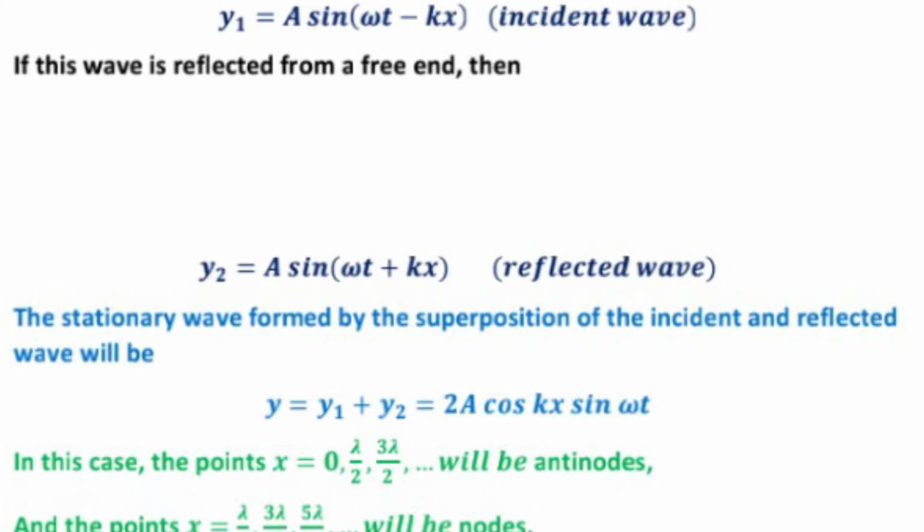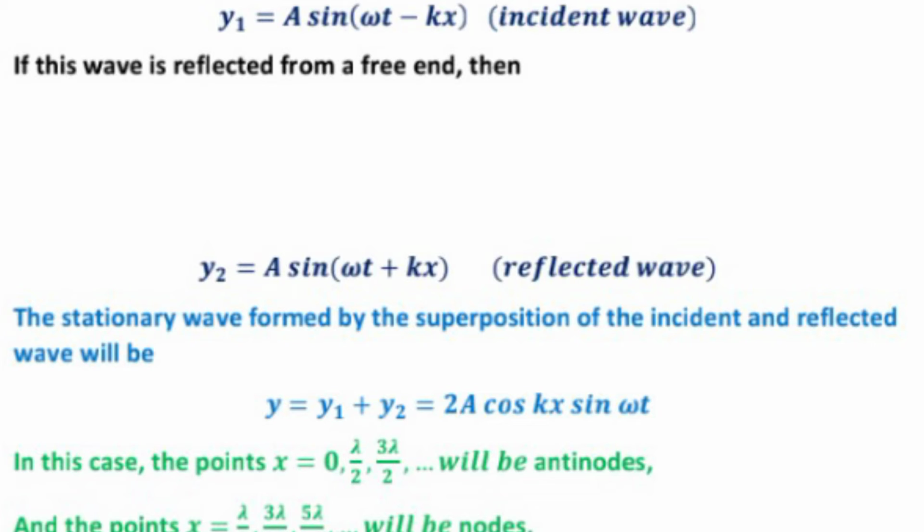This is the reflected wave. The stationary wave formed by the superposition of the incident and reflected wave will be y equals y1 plus y2, and that will be equal to 2a cos kx sin omega t.